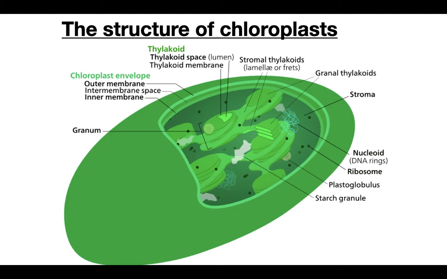And again, this is because back in early evolutionary history, chloroplasts were a separate photosynthetic bacterium that got absorbed by another cell, a eukaryotic cell, that then became the first plant.